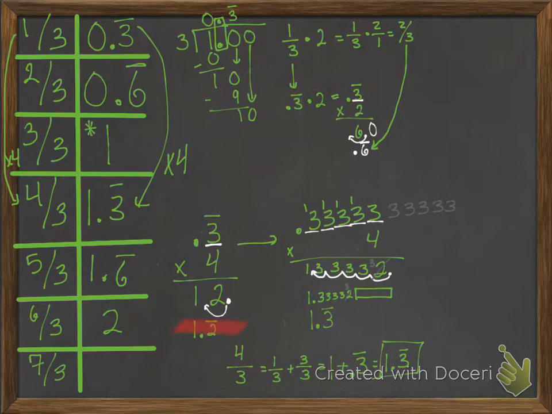So it's the same idea again, and then 7/3, 2 1/3, so 3 over 3 plus 3 over 3, which is 2, plus 1/3, so 2 plus 0.3 repeating, so 2.3 repeating, okay?